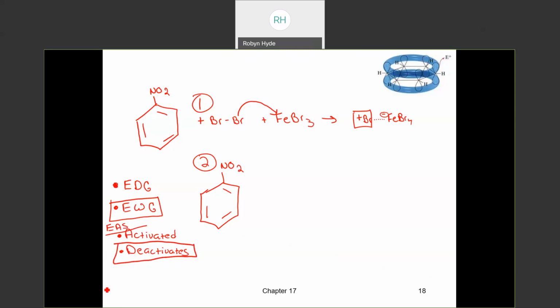Okay, next question. Then for this electrophilic aromatic substitution that is deactivated with a nitro group, is the new group going to be added ortho, para, or is the new group going to be added meta?